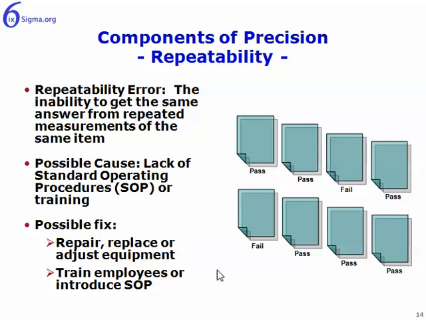And the way you fix that is perhaps through employee training or introducing some sort of a standard. It could be equipment related, but in terms of the repeatability, assuming that the equipment is correct or adequate and operational, then it's probably a person's skill level or experience level or some other mechanism like that. It could be the lighting, it could be the position from which they're observing, and that kind of thing.